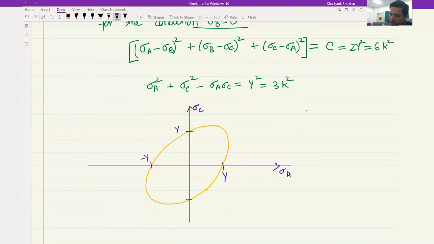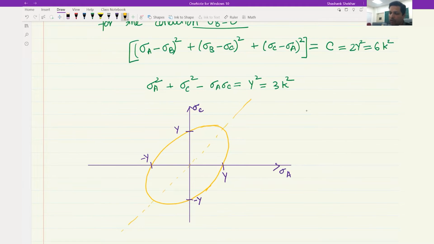Although the ellipse may not look symmetric, you will have to take my word for it. And this is tilted at 45 degrees. This is the line at x equal to y angle, meaning a 45 degree angle.